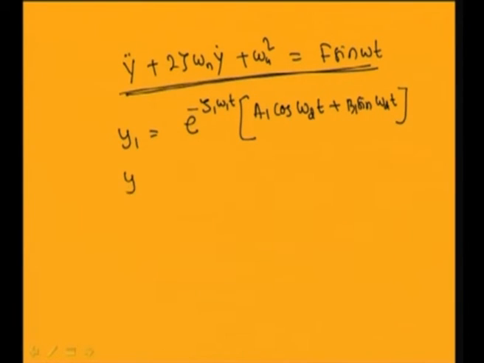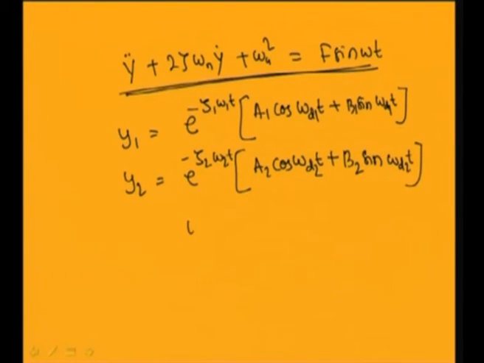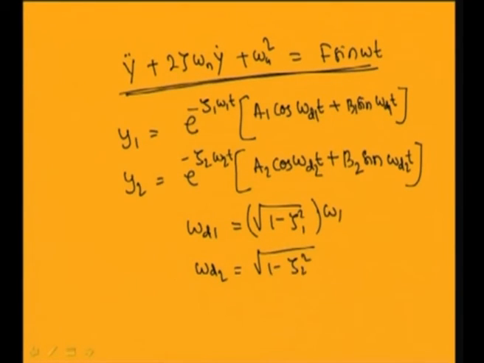This way you can write, and similarly y2 equal to e to the power minus zeta 2 omega 2 t into a2 cos omega d2 t plus b2 sin omega d2 t, where omega d1 becomes root over 1 minus zeta 1 square into omega 1, and omega d2 becomes root over 1 minus zeta 2 square into omega 2.